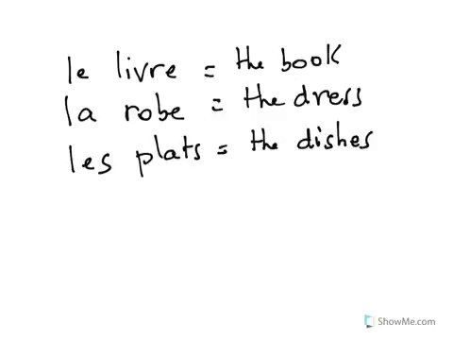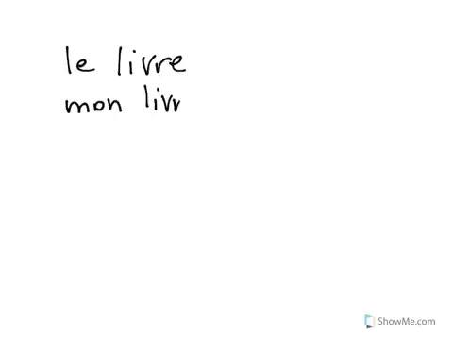Now, let's use them in sentences where they are objects. But there are different articles. For example, I can say le livre, mon livre, my book, ce livre, this book.